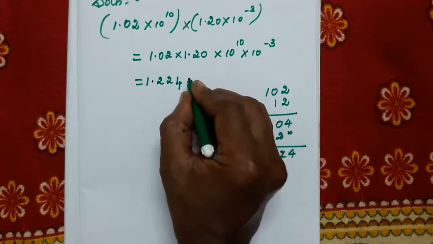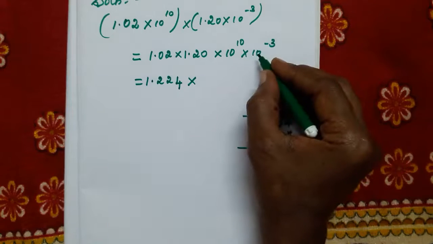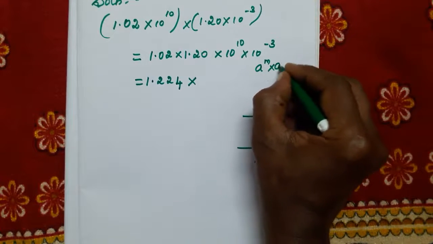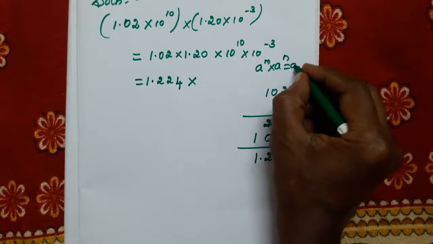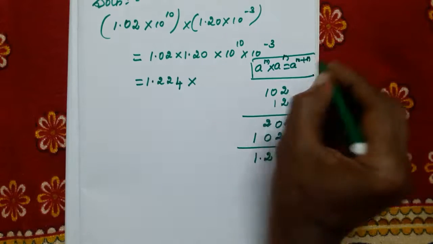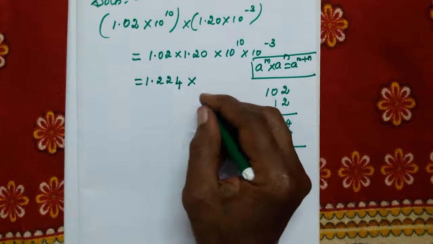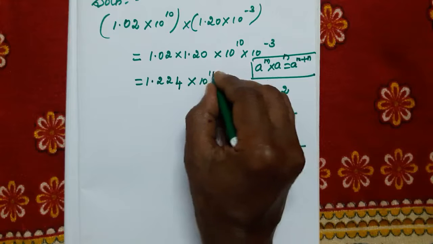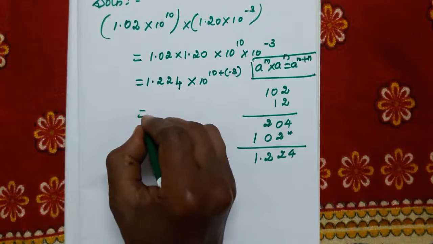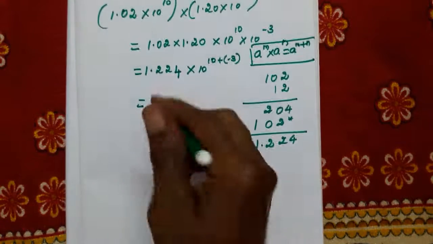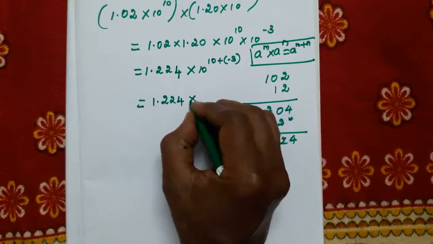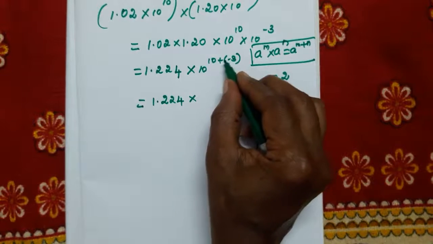1.224 into, here we have to use the property a power m into a power n is equal to a power m plus n. This property when we are using, what are we getting? 10 power 10 plus minus 3 is equal to 1.224 into 10 power 10 plus minus 3.